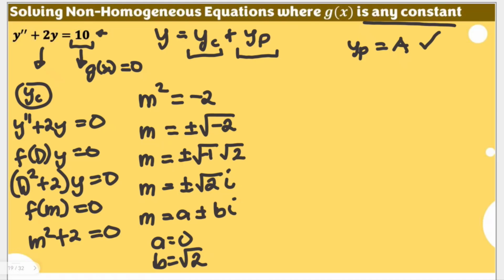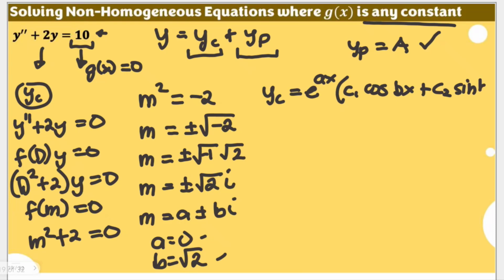We need this because the general solution for homogeneous equations where our roots are imaginary follows this form: e to the power of ax times c sub 1 cosine of bx plus c sub 2 sine of bx.